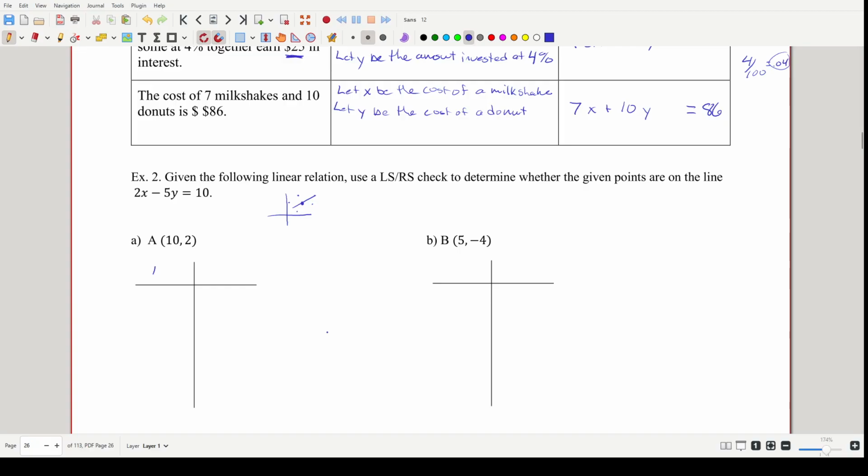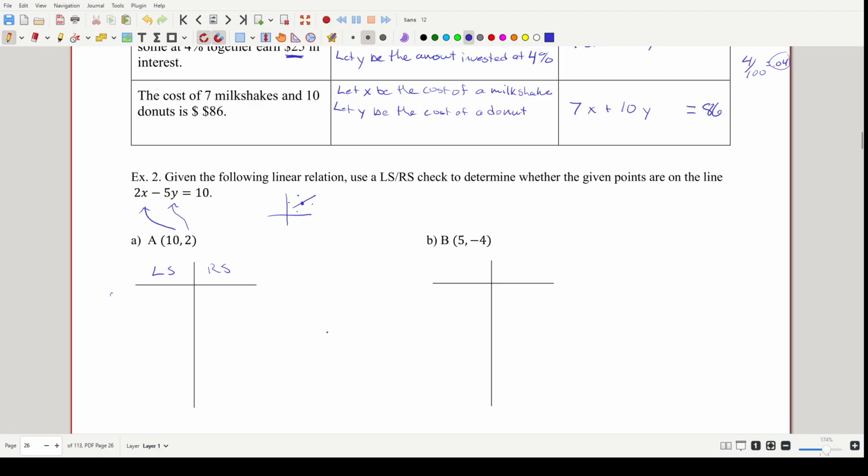So if we do a left side, right side check, and we just substitute these numbers, so the 10 goes in for the x, and the 2 goes in for the y, if we get a match for the left side and right side, that means that this point is physically on the line, which means, yep, it is a solution to this problem. So let's try this out.